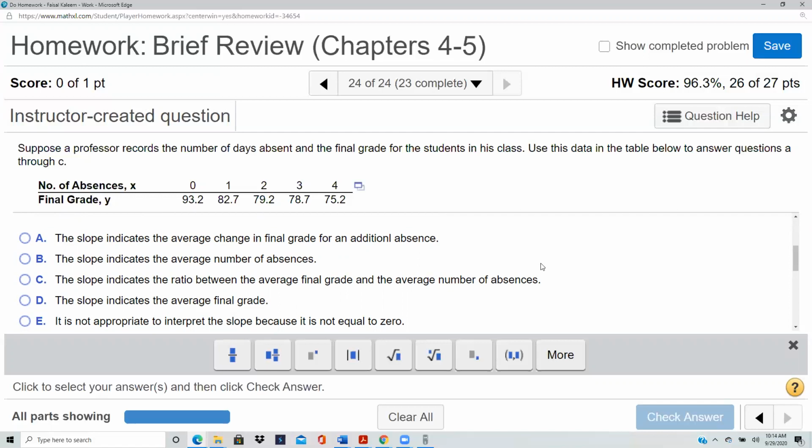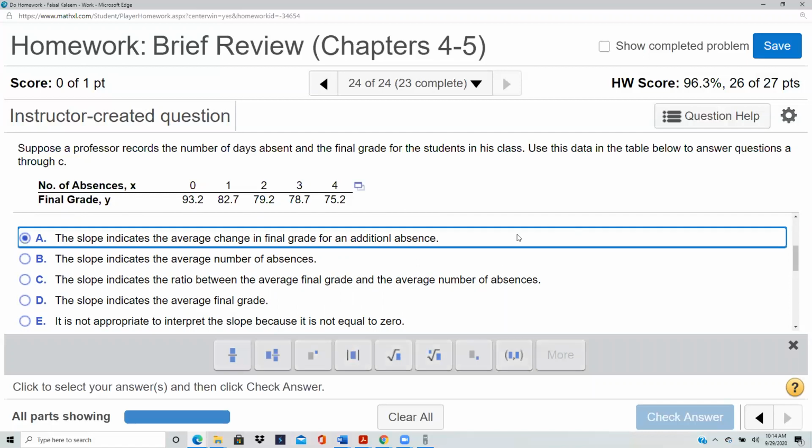Wouldn't it be A, the slope indicates the average change in final grade for an additional absence? Right, so change in y for each additional x.